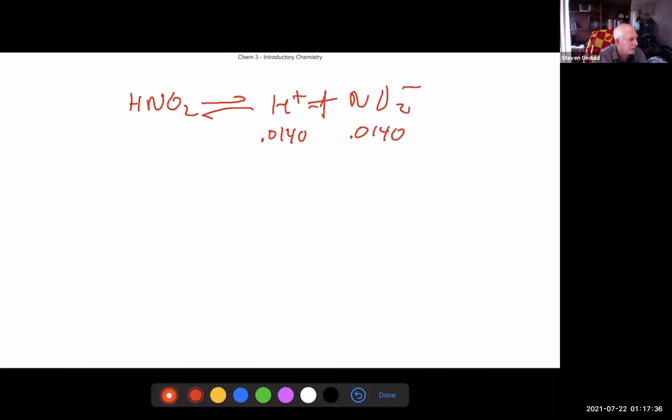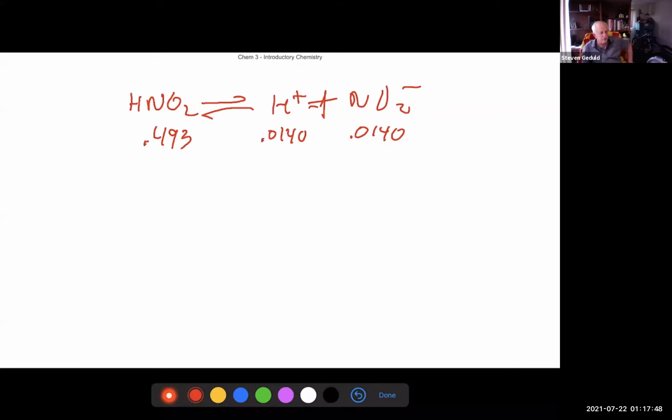And this is example 13.5 if you want to follow along with it. And it says the concentration of nitrous acid is 0.493. These are numbers at equilibrium, and those are all molar concentrations. So K equilibrium, as it says, calculate the equilibrium constant for this reaction.